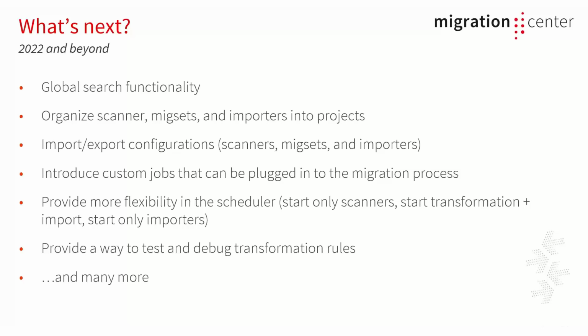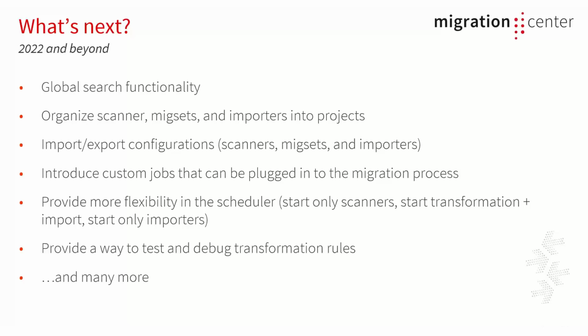So, for example, after scanning the data, maybe you want to generate PDF renditions for some documents with a third-party utility, or maybe extract metadata from the content, or whatever will be possible with custom jobs.